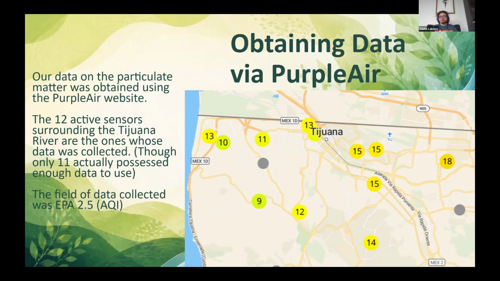The ones that were used in this study are the ones on this map here. There are 12 working ones here, though only 11 actually had data that went past more than like 2 months back. So I'm not entirely sure which one wasn't used. I believe it was this one here.